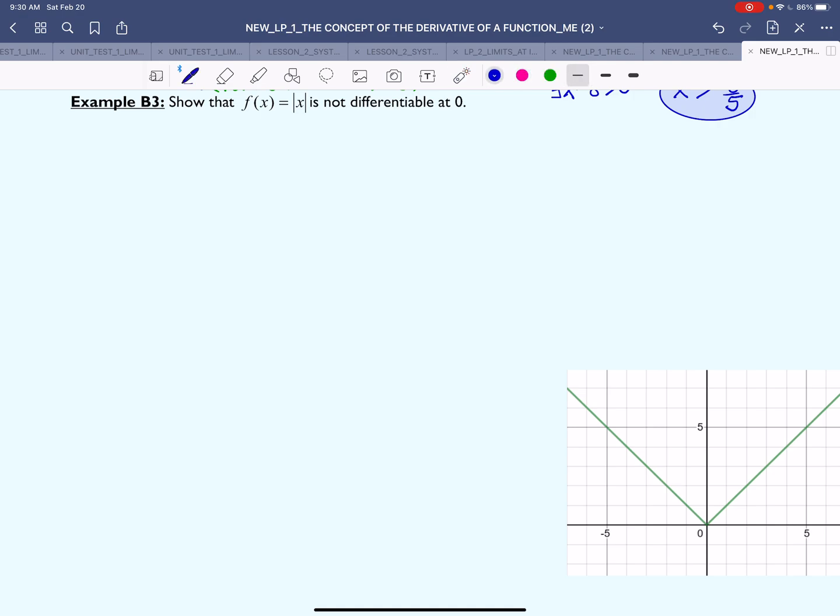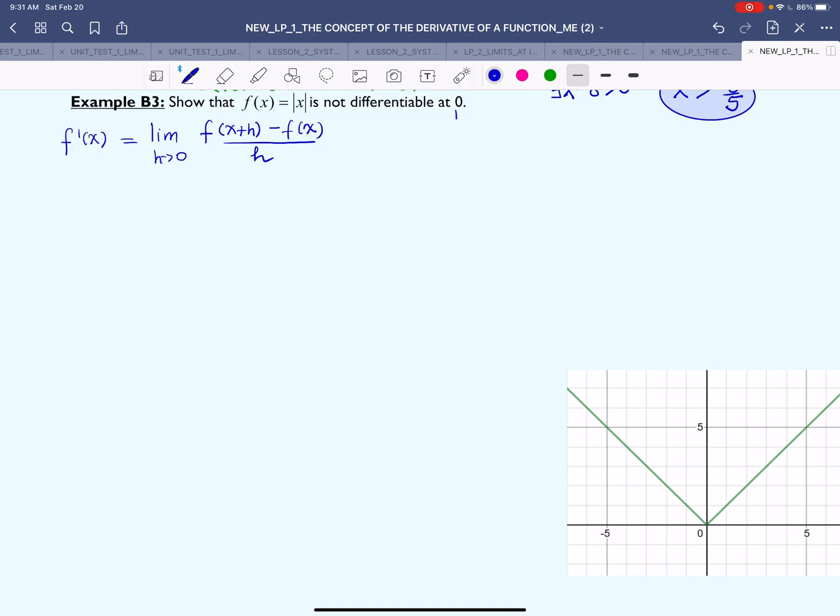So we're going to say that if I want to find f prime of x, that means I have to find the limit as h approaches 0 of f of x plus h minus f of x over h.